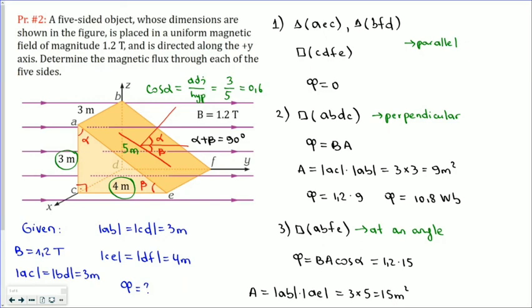And we say here 0.6. So let's multiply 1.2 times 15 times 0.6. And if we multiply it, the answer would be also 10.8 Weber.